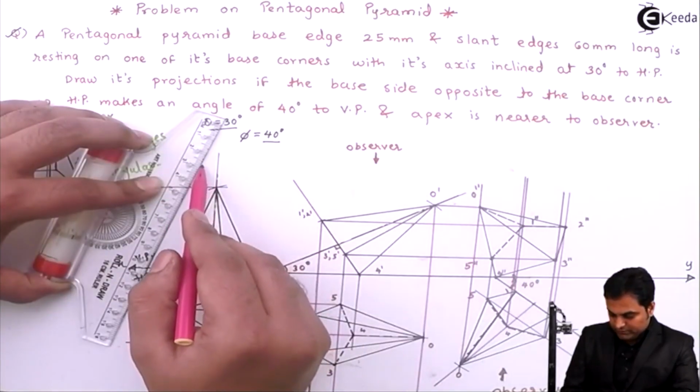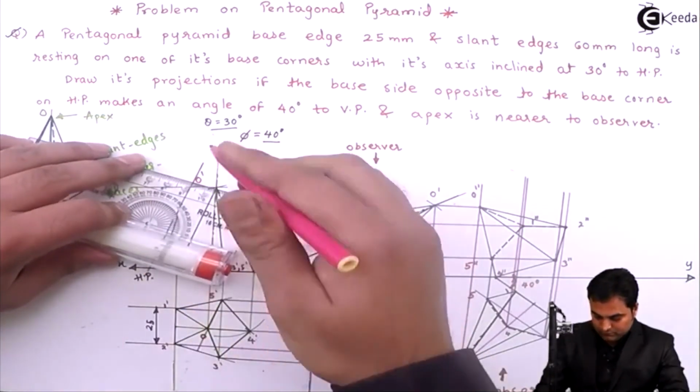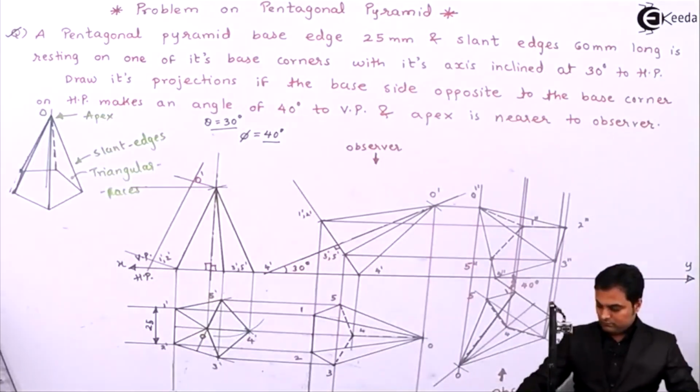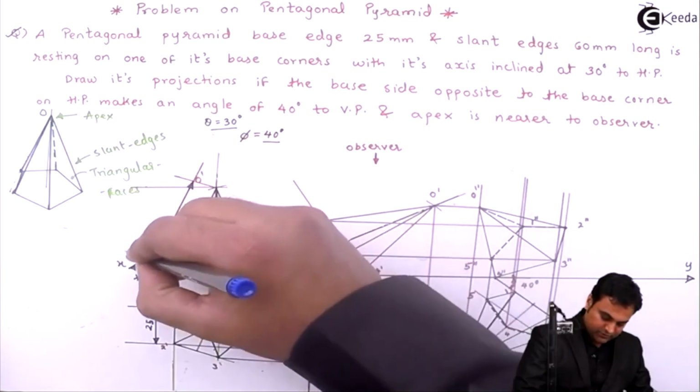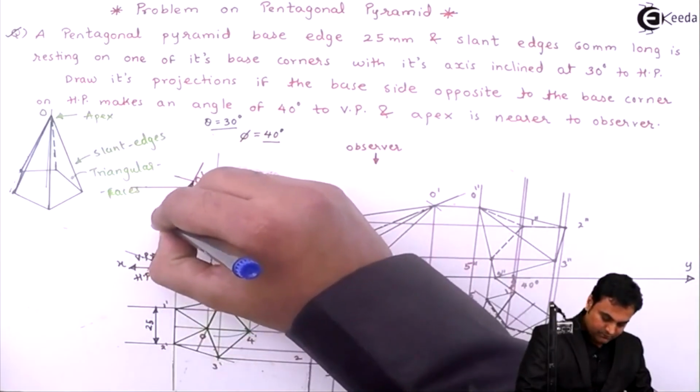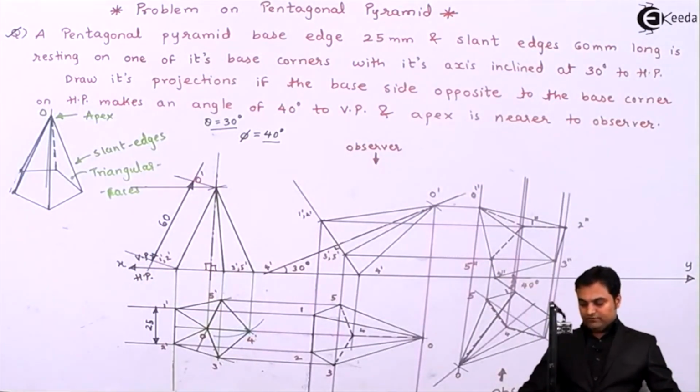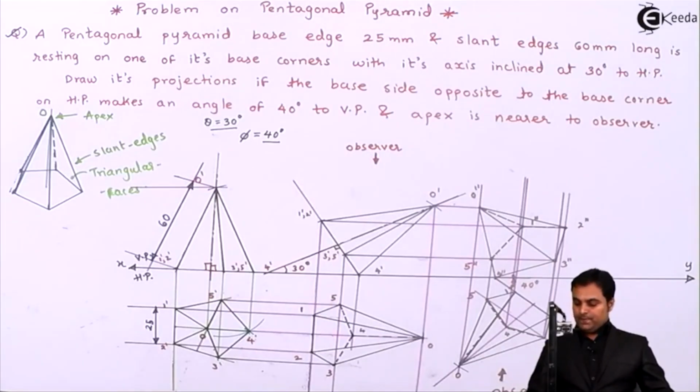For that I'll draw a light projection. And that is 60 mm long is the slant edge. And so after giving the dimensions, the question is completed.